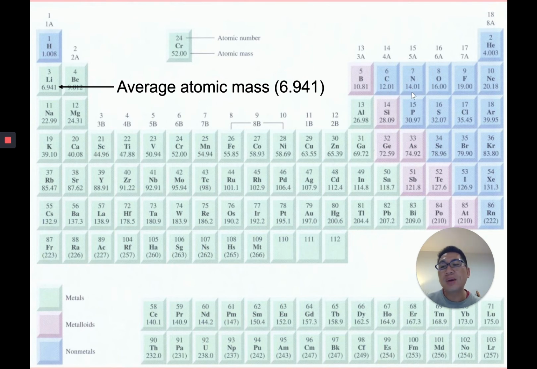The reason we only care about the average when we're talking about large quantities of atoms, I'm not even talking about millions or billions or trillions, those are small numbers. When we're talking about numbers of atoms, we're talking about billions of trillions of atoms. So when we talk about large numbers like that, we only care about the average one and not any individual one. That's why we use these numbers.